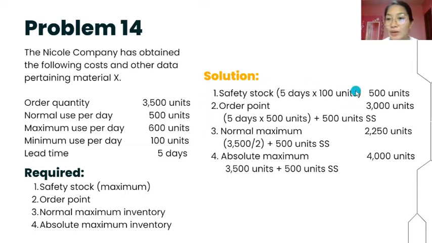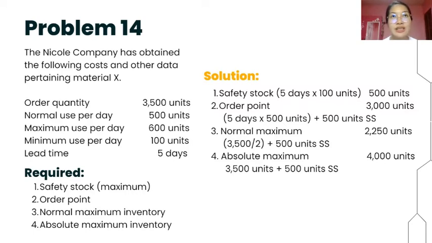So our safety stock is 500 units. Our order point is the normal 5 days lead time multiplied by the normal use, plus the safety stock. So that is 3,000.